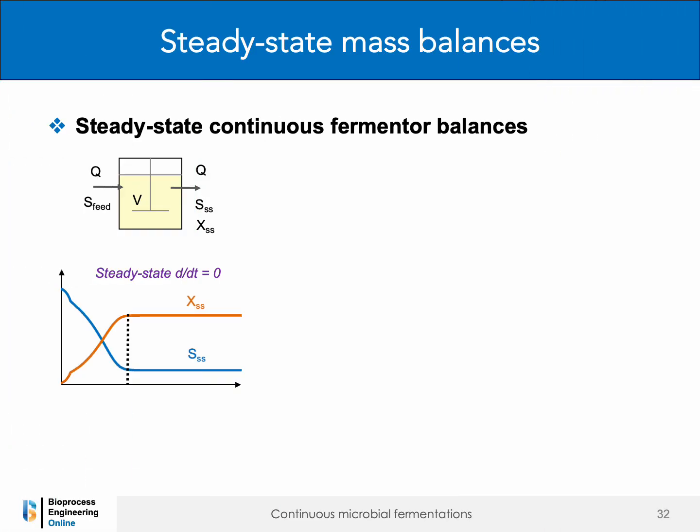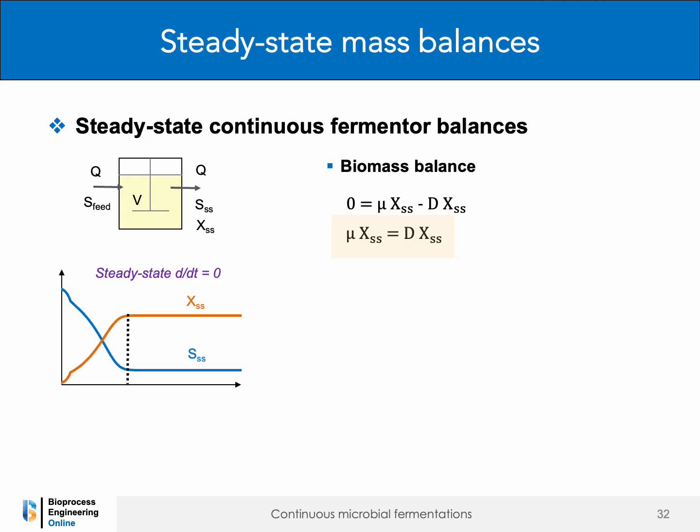The steady-state substrate and biomass concentrations can be predicted from the instantaneous mass balances by setting the variation rate terms equal to zero. The steady-state biomass concentration X_SS is obtained from the stationary biomass balance: 0 equals mu X_SS minus D X_SS. This implies that, at steady state, the rate of cell production equals the rate of cell removal from the fermenter.